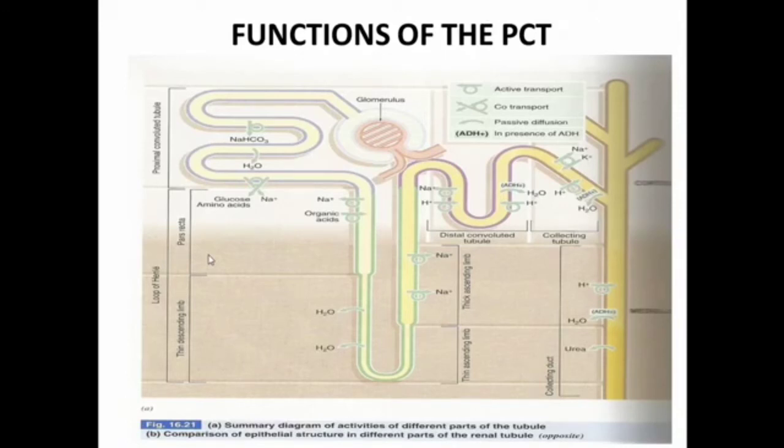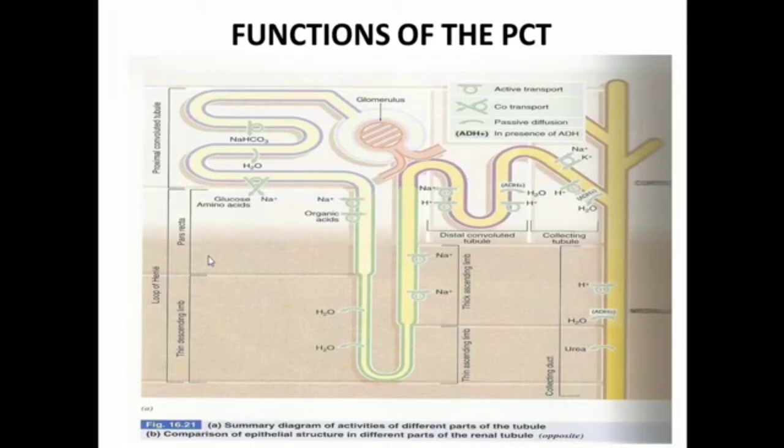So I have already told you about the reabsorption of the various substances and the secretion of various substances, including bile salts, organic acids, oxalates, urates, and also some drugs. They pass on to the glomerular filtrate for rapid elimination from the body.